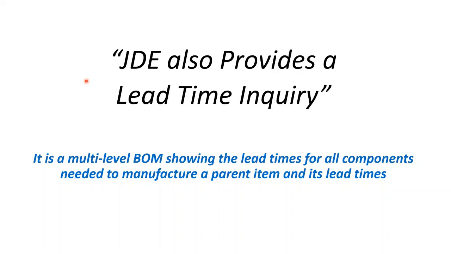I mentioned earlier that all lead time attributes are stored in the item branch master. However, JDE also provides a lead time inquiry. It is a multi-level bill of material showing the lead times for all components needed to manufacture the parent item.